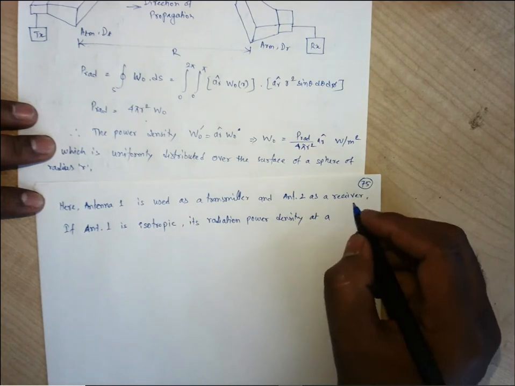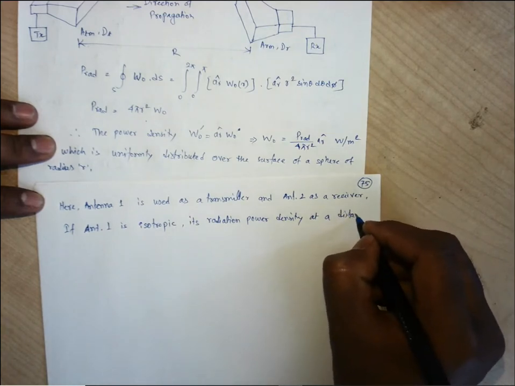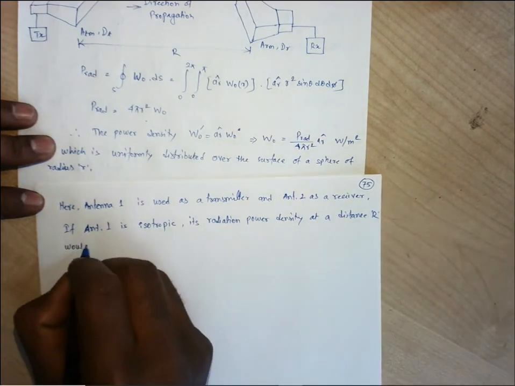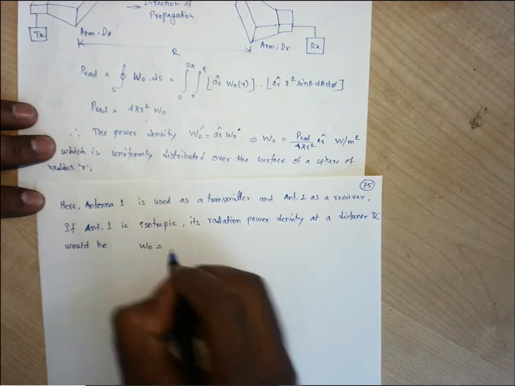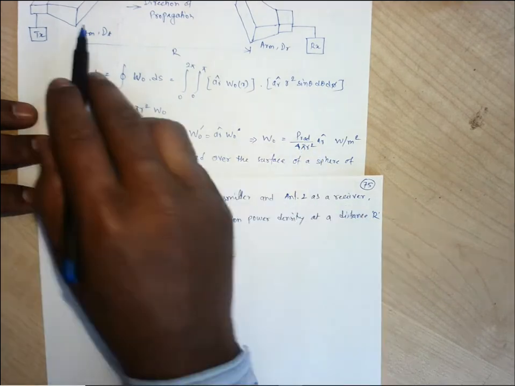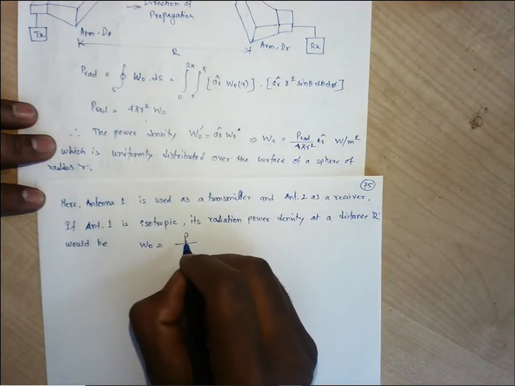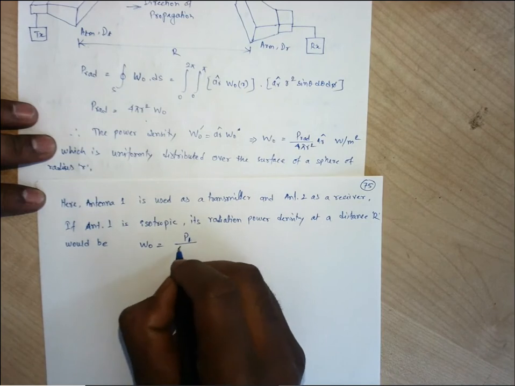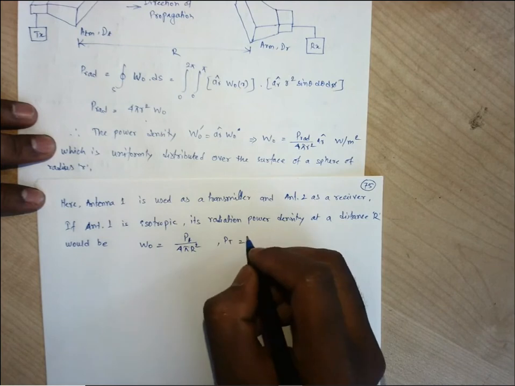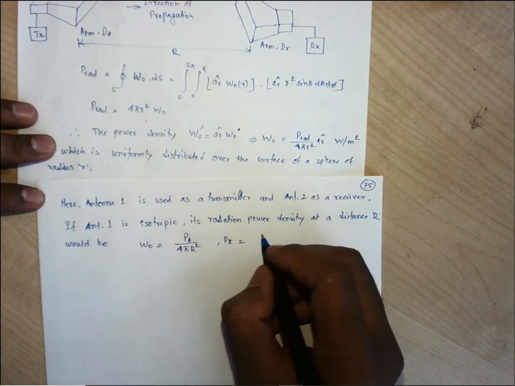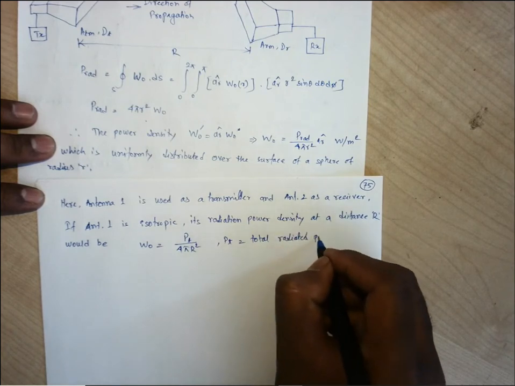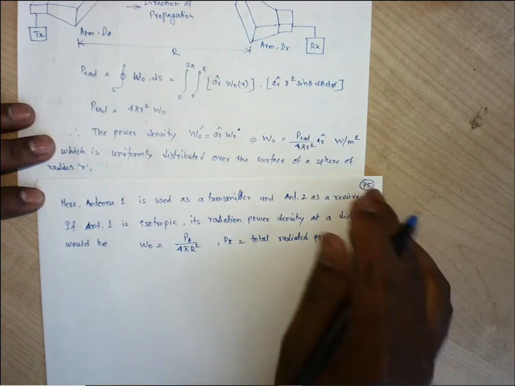So at a distance R, W naught is equal to what we have seen previously, P rad. For our transmitter, let us consider that the power level is PT, the transmitted power, by 4 pi r square. So what is this PT? PT is the total radiated power.